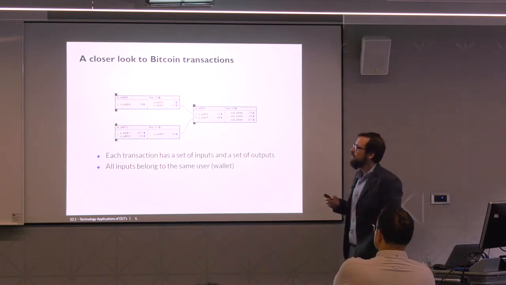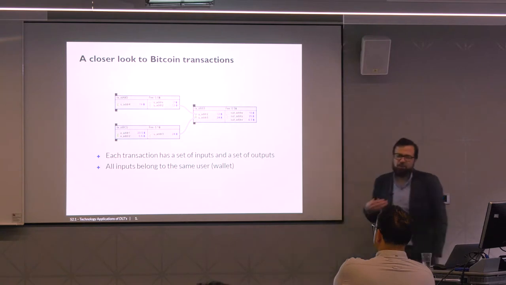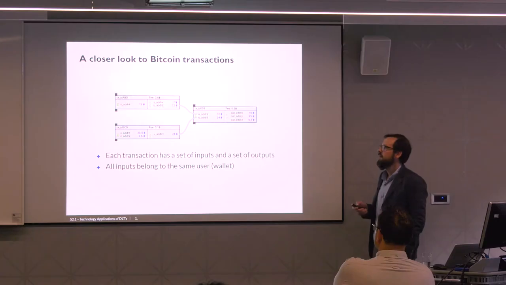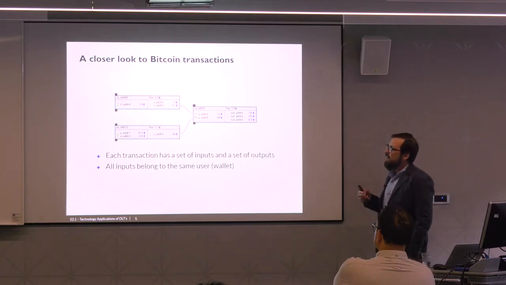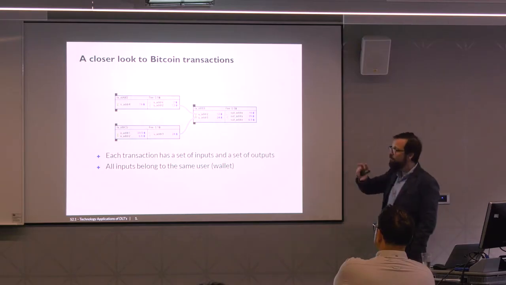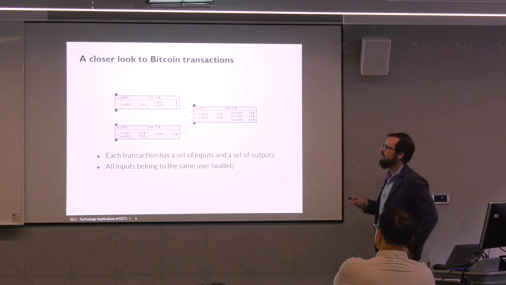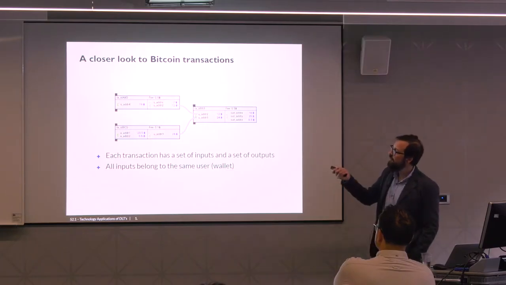Bitcoin transactions have something that is called UTXO, unspent transaction outputs. As I already said, a blockchain is a chain of blocks. Each block is a set of verified transactions, and each transaction has basically two fields.